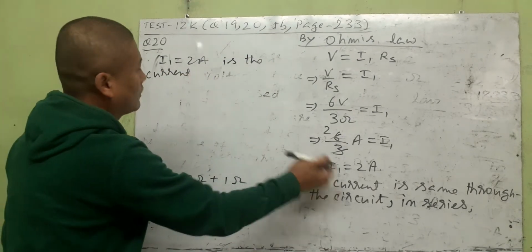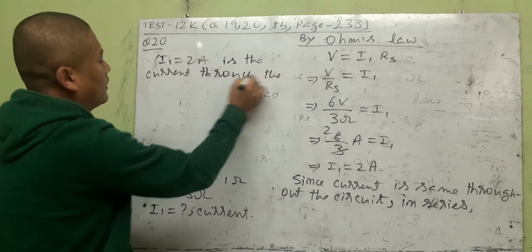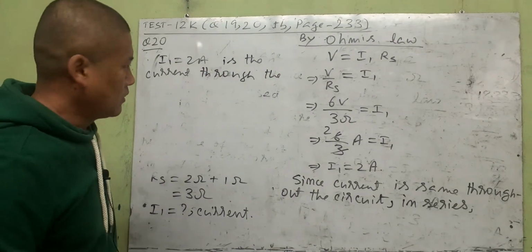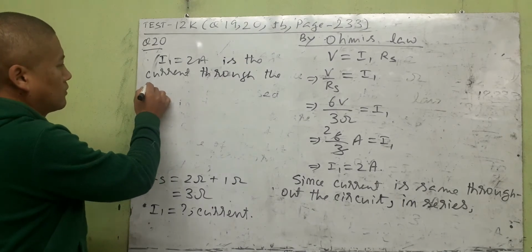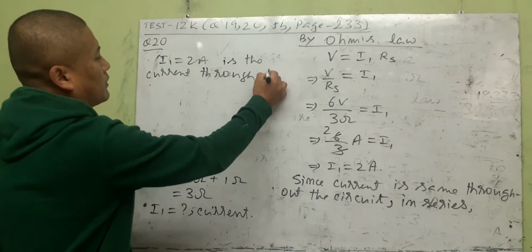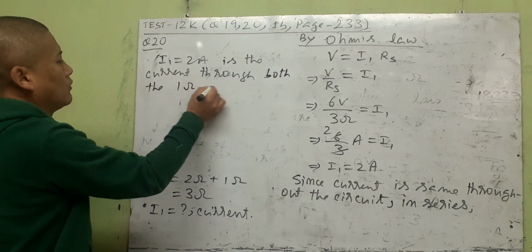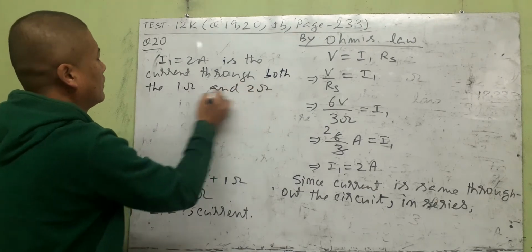I1 through both the 1 ohm and 2 ohm resistor.